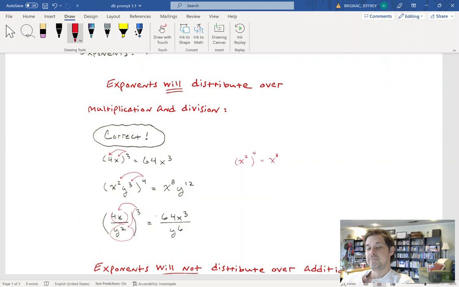So, all right, the 3 gets applied to the 4x. That's 4 times x, so that'll be 64x to the third power. All right, and then down here, the y squared also gets to the third power, but we said when you take something and raise it to a power and then a subsequent power, you multiply them together, so that amounts to being y to the 6th. Okay, so exponents will distribute over multiplication and division anytime you see multiplication and division, all right?